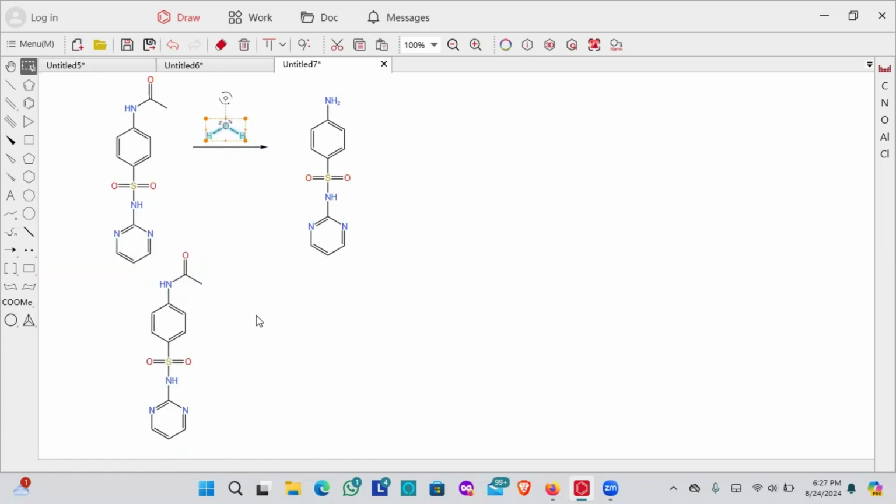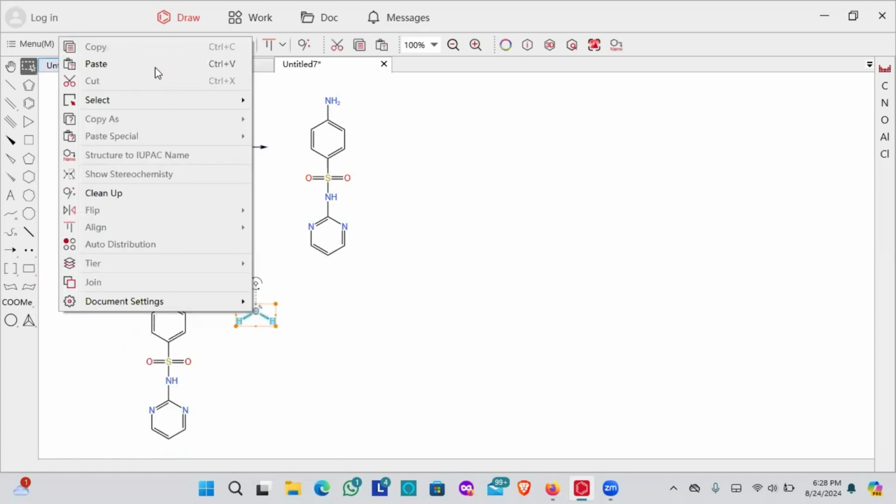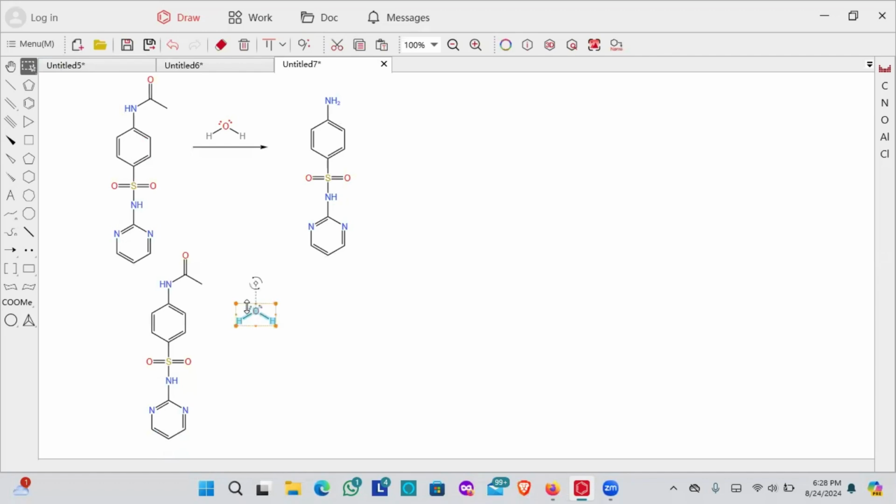Copy water molecule. So one of the electron pairs on top of the oxygen, or basically the ketone here, or the amide here in this case, is going to grab one of the hydrogen from the water molecule.